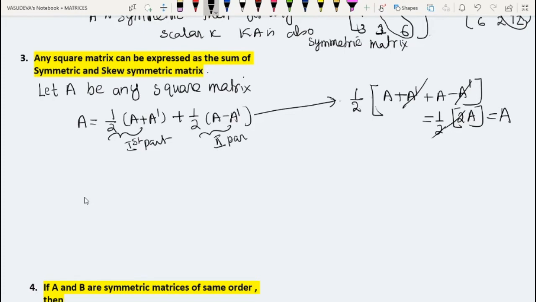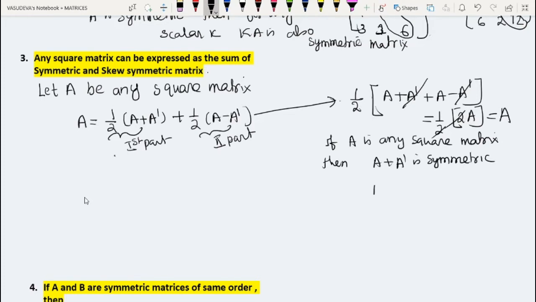I am going to show that the first part is the symmetric part of the square matrix A, and the second part is the skew symmetric part of the square matrix A. We have seen the property earlier: if A is any square matrix, then in the first property, A plus A dash is symmetric and A minus A dash is skew symmetric.